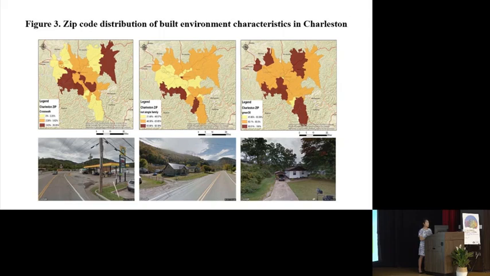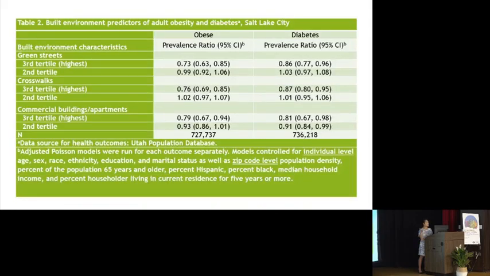And then to examine whether these Google Street View derived characteristics predict health, we merged it with the Utah Population Database. I'm not sure if you're familiar with this, but this is a highly unique data set in that it has individual level outcomes on basically the population of Utah. So if you are a resident of Utah, you are probably in this data set.